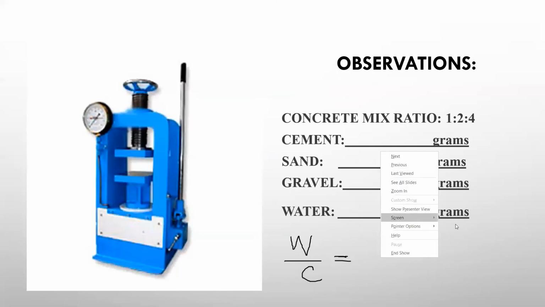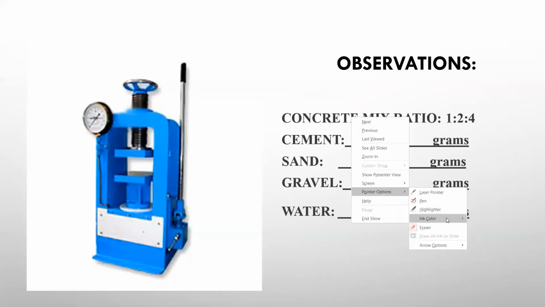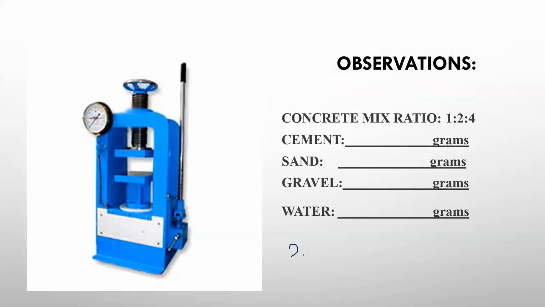So let me rub this one. For example, you got a good consistency at 28 percent. So you will put 28% here, multiply by the amount of cement, that is 800 grams, and divide by 100.